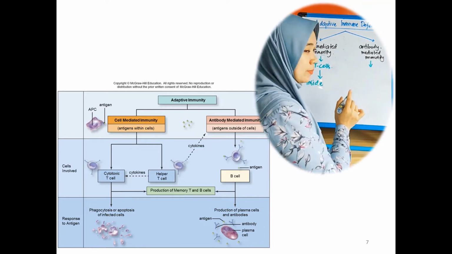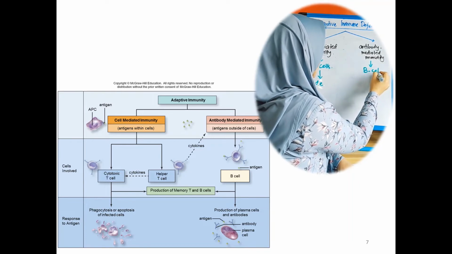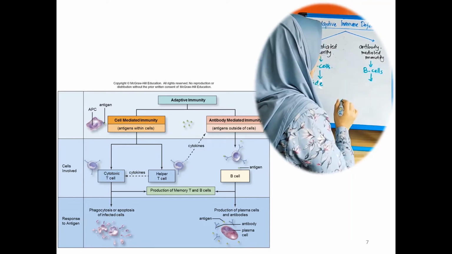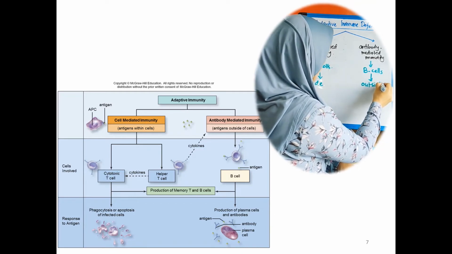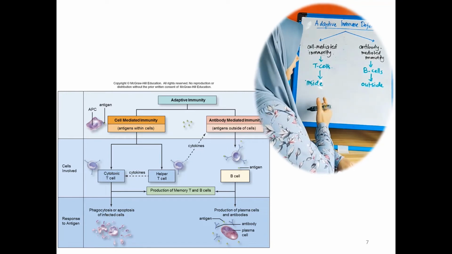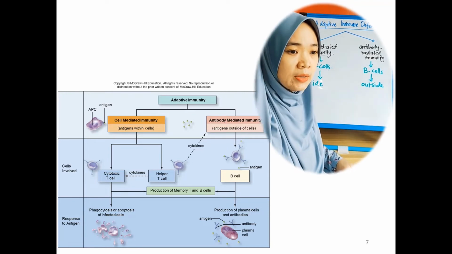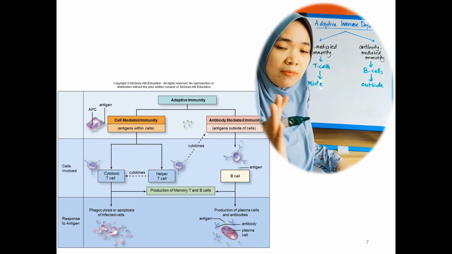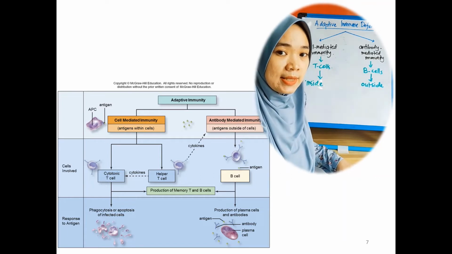For antibody-mediated immunity, these B cells will target the antigen outside the body. Okay, what is the meaning of antigen inside and antigen outside? Pathogen, invader, or everything harmful to our body, we call it antigen.